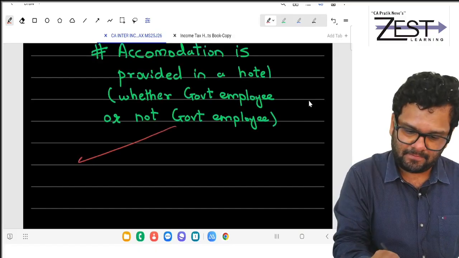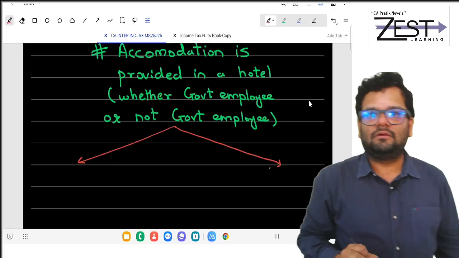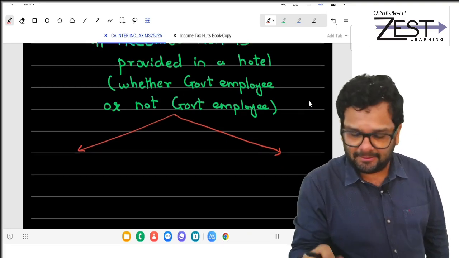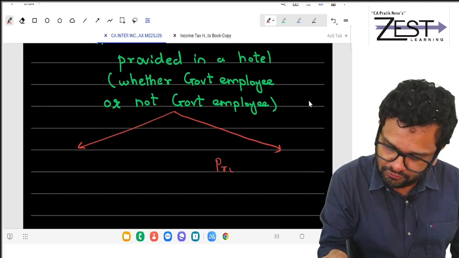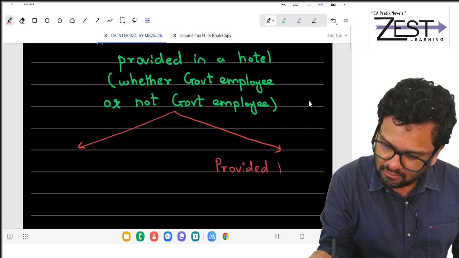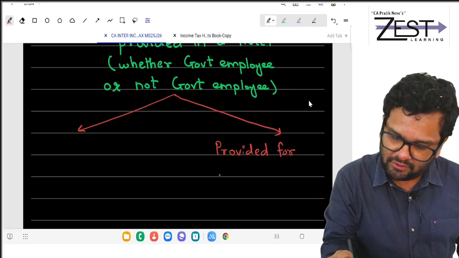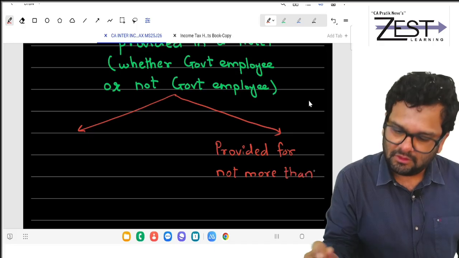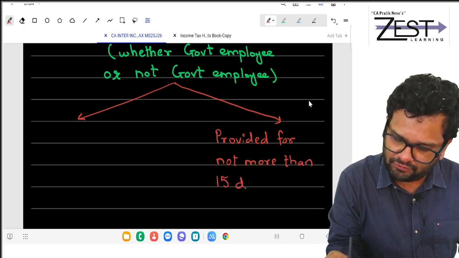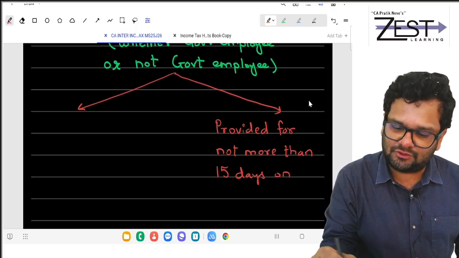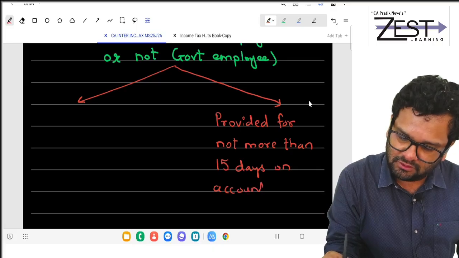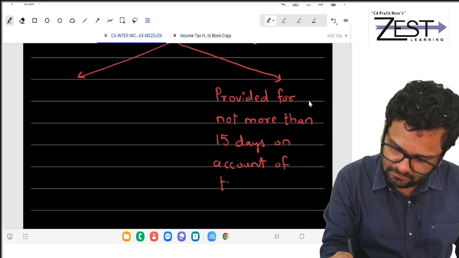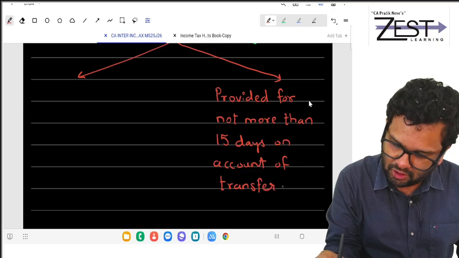One is that it is provided for a period of not more than 15 days on account of transfer of the employee. The employee got transferred to some other city.